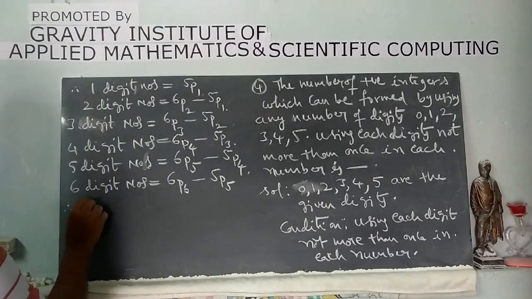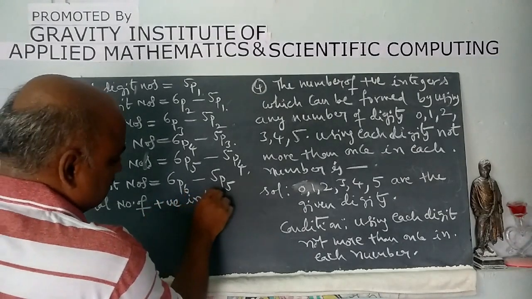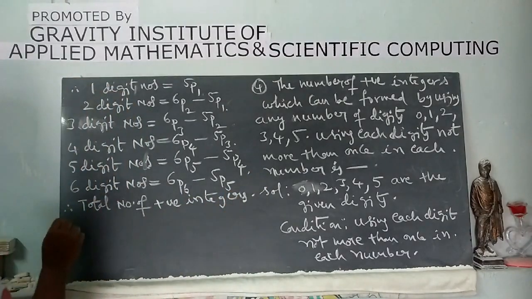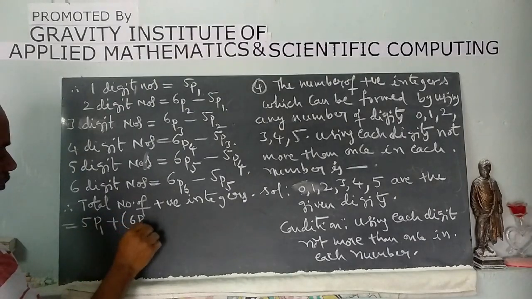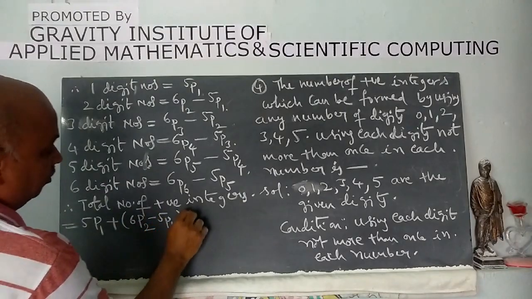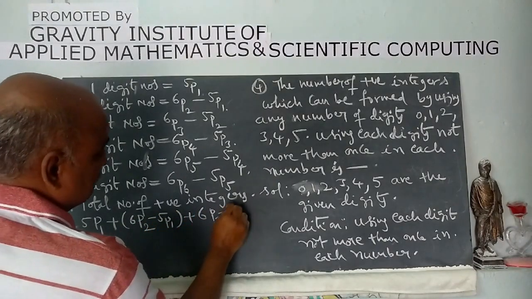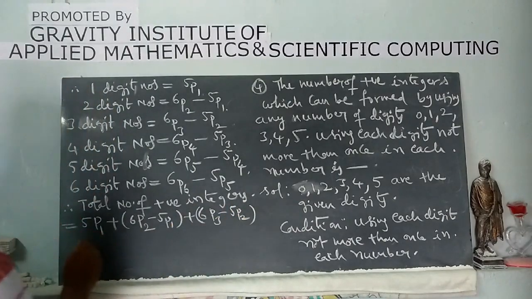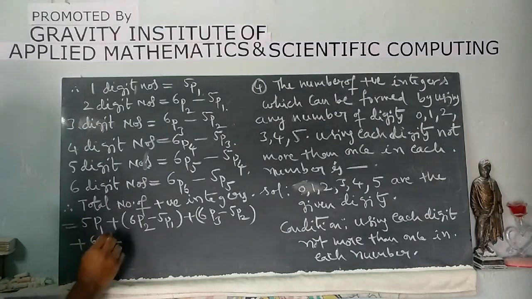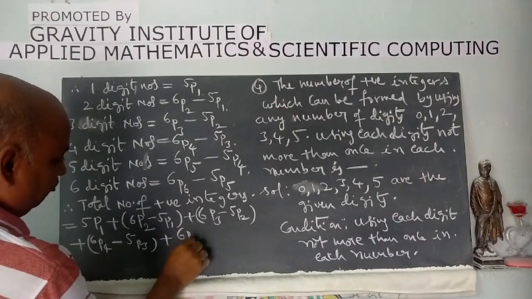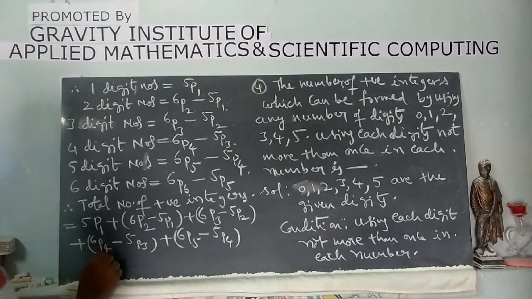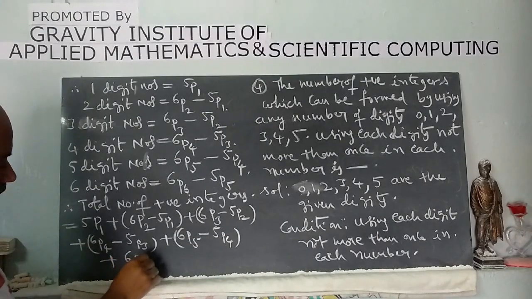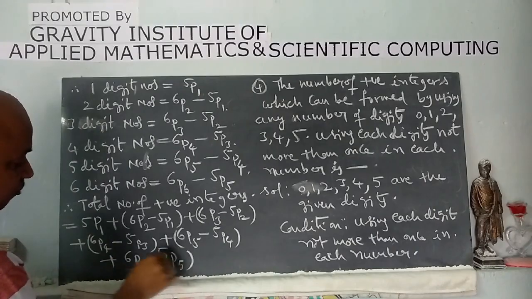Therefore, total number of positive integers is equal to 5p1 plus 6p2 minus 5p1 plus 6p3 minus 5p2 plus 6p4 minus 5p3 plus 6p5 minus 5p4 plus 6p6 minus 5p5.